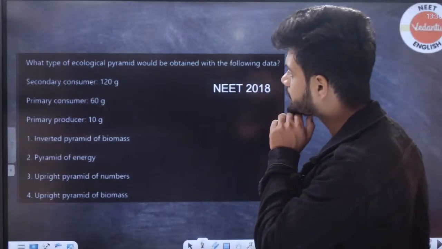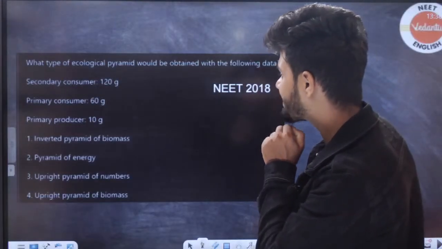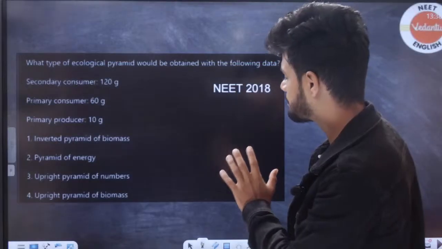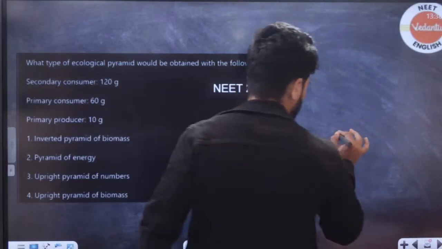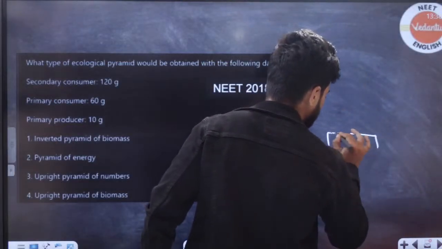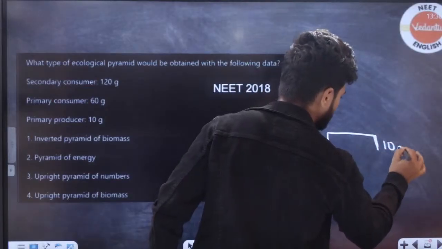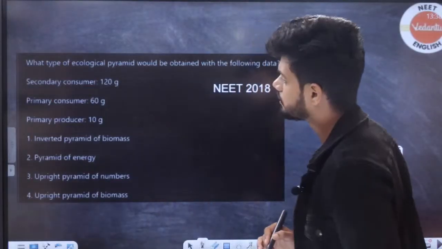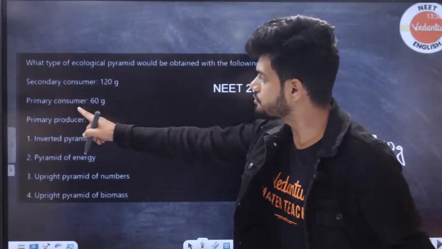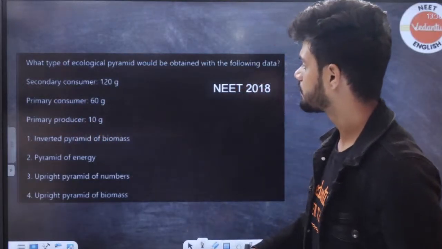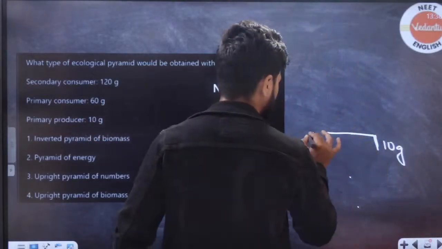Let's take the primary producer as 10 grams. Primary consumer is at 60 grams.